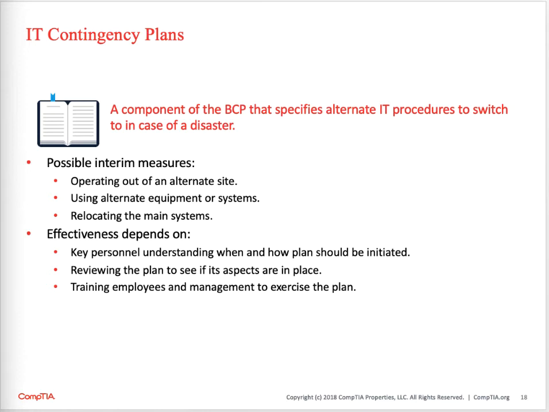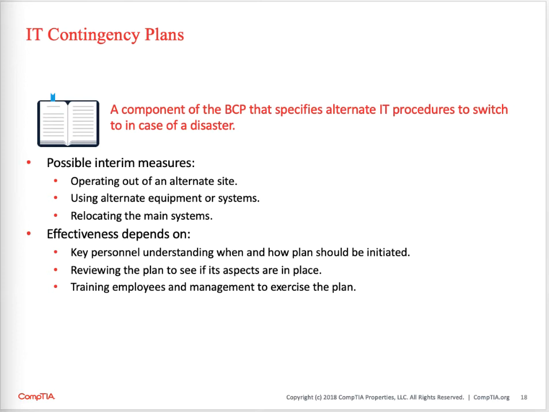However, the effectiveness of the IT contingency plan is going to depend on our key personnel understanding the components of the IT contingency plan, and when and how it should be initiated when the organization is facing an attack or a disruption in its normal services, right? And so reviewing a checklist from time to time is going to allow us to see that all aspects of the IT contingency plan are actually in place, and it has everything that we need to adequately recover, right?